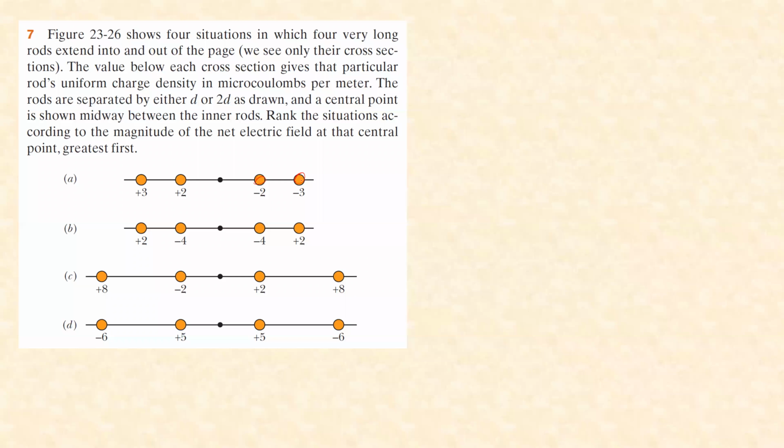So they're going out of the page. The value below each cross section gives that particular rod's uniform charge density in microcoulombs per meter. So that gives you lambda, we call it lambda. The rods are separated by either D or 2D as shown.